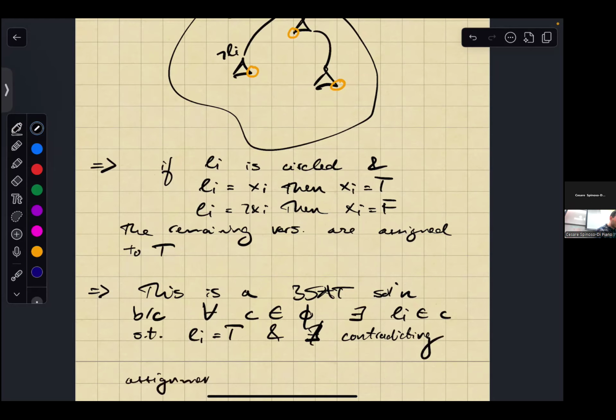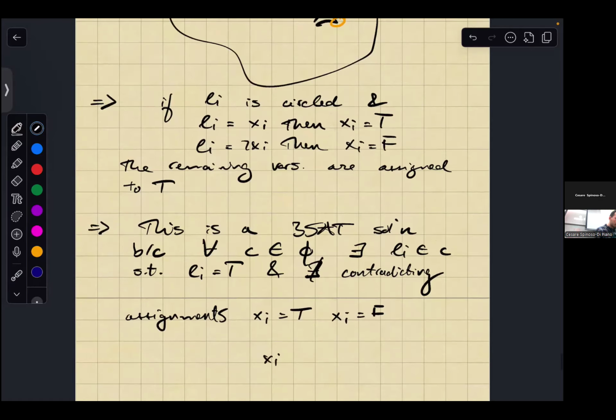A contradicting assignment would be, this is true because in one case xi is true, and in another case it's because xi is false. This can't happen because these two would have been connected in the graph G, and so they wouldn't have both been in the independent set.